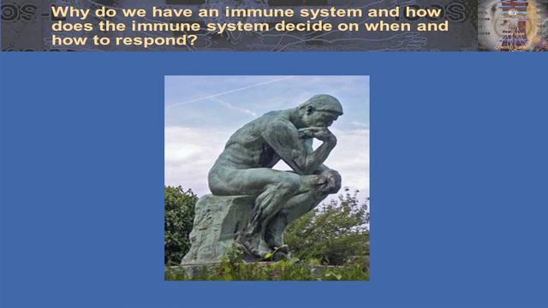But the predominant answer, which I have got time after time, is that we need this to defend ourselves, primarily against infection. And I think that's certainly an important part of it, but hardly the whole picture.